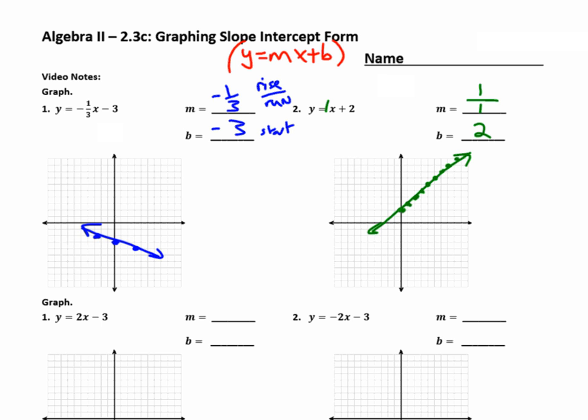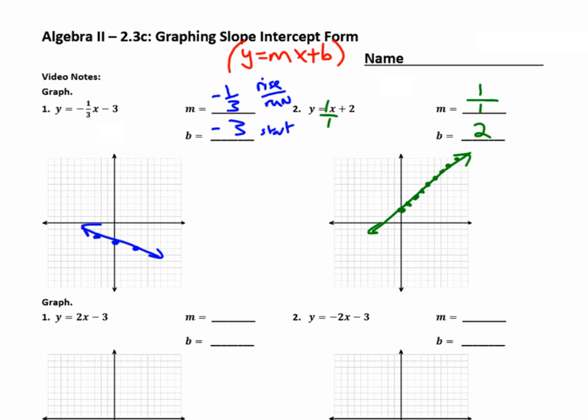Try to draw as straight a line as you can. I named the slope and the y-intercept, and I graphed it by starting with the y-intercept and then moving with the slope in a rise over run type of situation. If you don't have a fraction, then you're going to make a fraction by putting this over 1. If you do have a fraction, then you're just going to use the fraction as your rise over run.